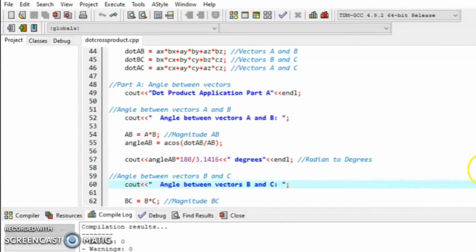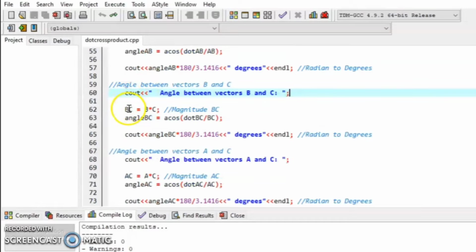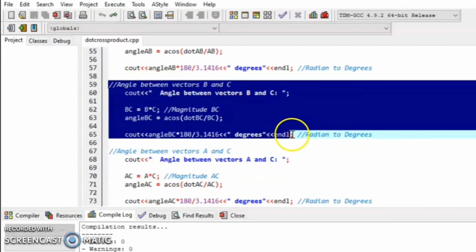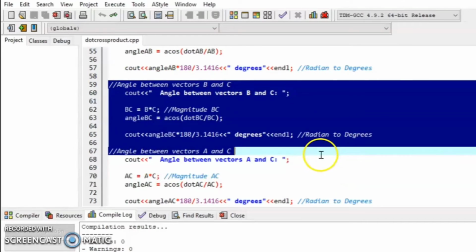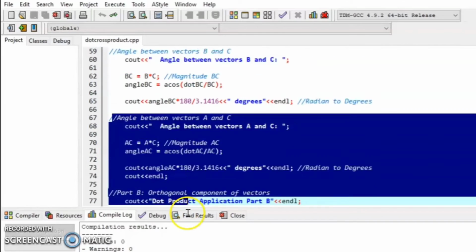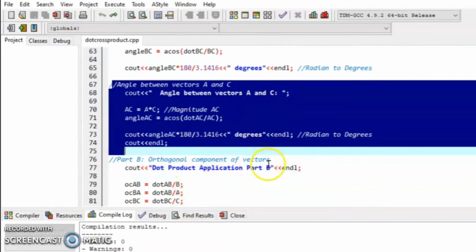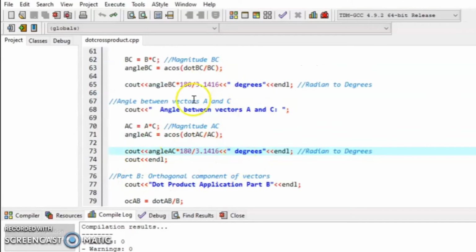The same way for vectors B and C, but just substitute different variables. So this is the program for the angle between vectors B and C. That's how the program will know the angle between vectors.